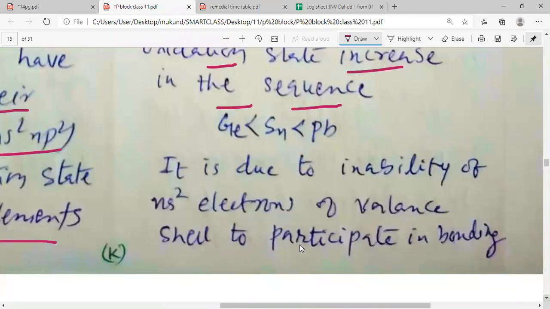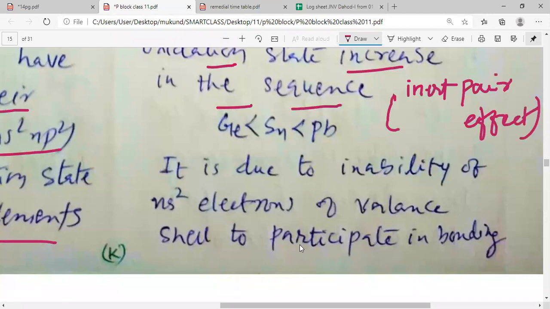As we go down the group, my dear students, we are already aware that there is an inert pair effect, and the last element of the group will show the lower oxidation state very strongly. Thus the +2 oxidation state is most stable in lead, stable in Sn, and least stable among these three in germanium.